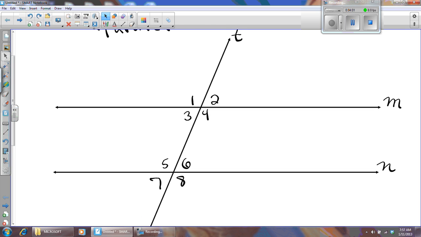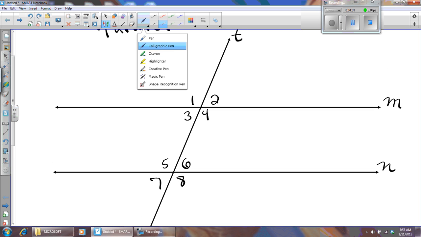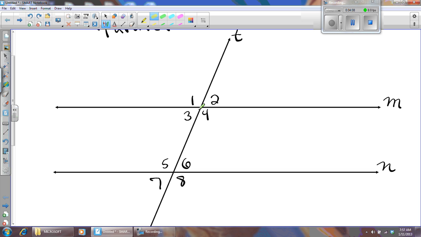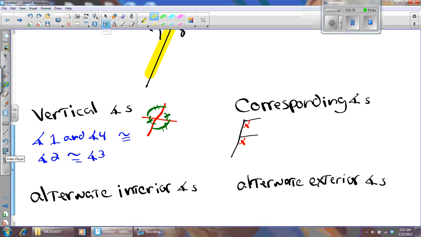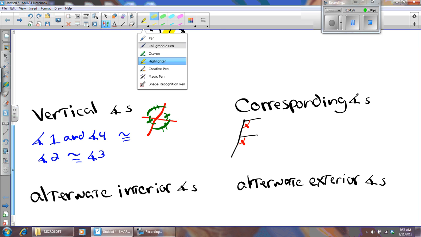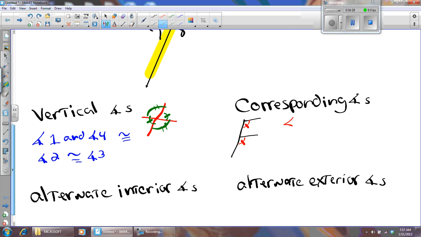So we're going to go up here and look for some F's. And the obvious F is right here. And what that means is that angle 4 and angle 8 are congruent. Angle 4 and angle 8 are corresponding angles.